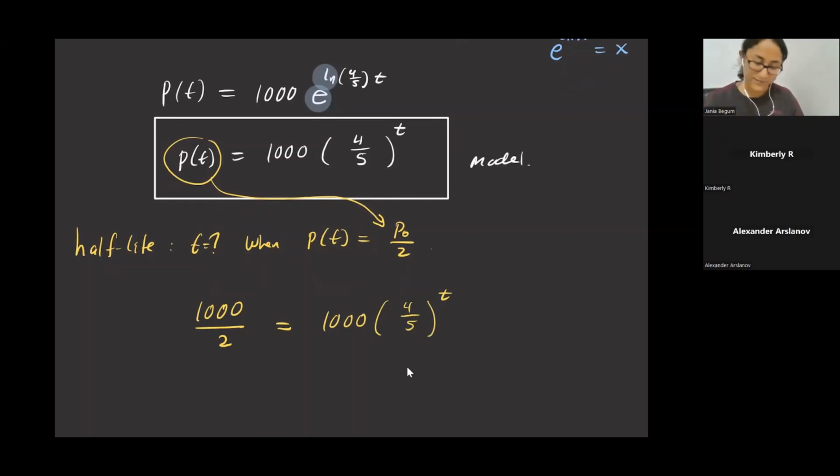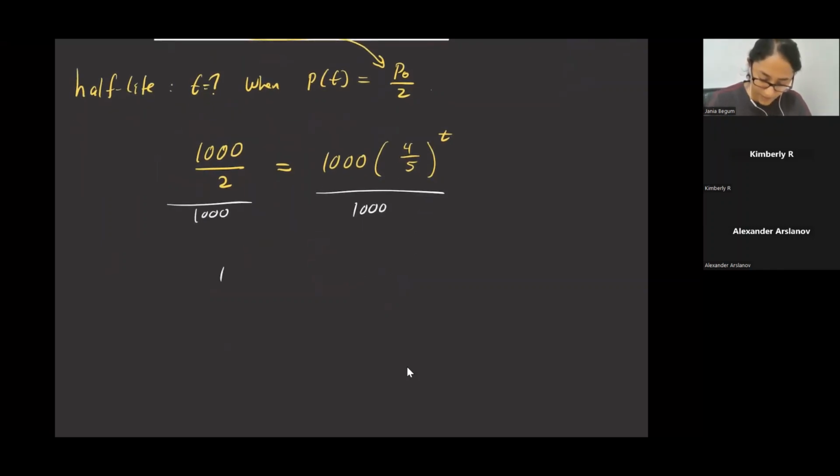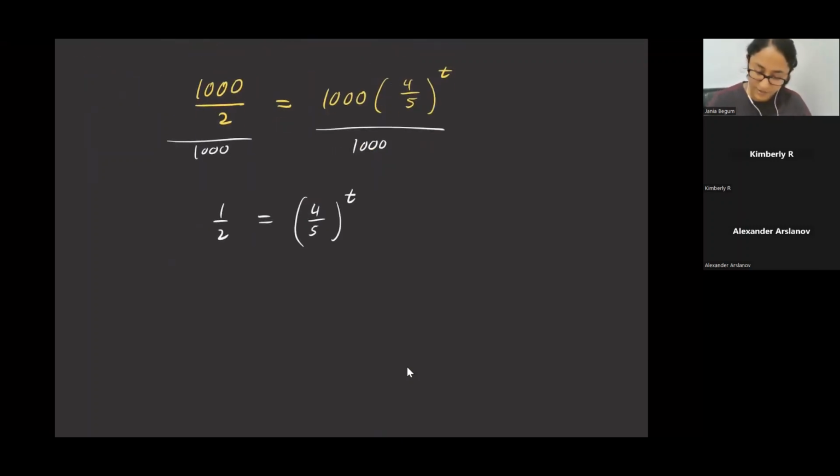Okay, good so far? Yeah. Okay, now we divide both sides by 1,000 like before. When you do that, 1,000 cancels. You have 1/2 is equal to 4/5 to the power t. And now you take natural log on both sides.